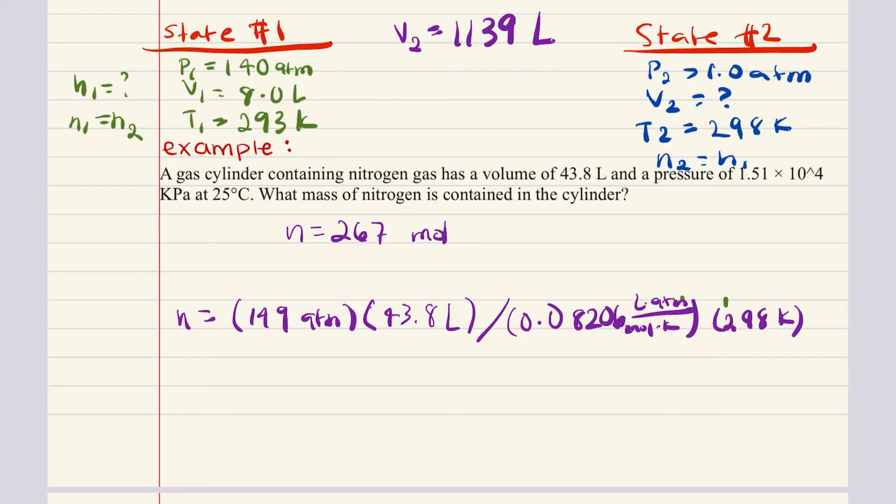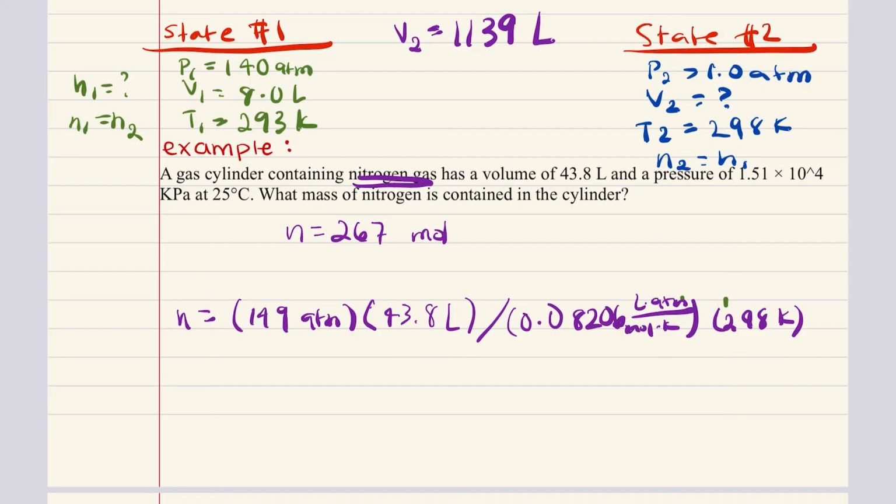Beautiful. Now, our last and final step is to convert moles of nitrogen to grams of nitrogen. How do we do this? All right, we just use molar mass. Now, when they say nitrogen gas here, I want us to be very careful. Nitrogen gas is diatomic.